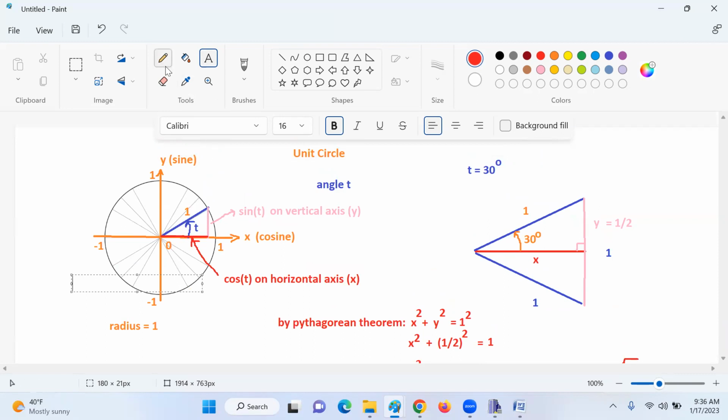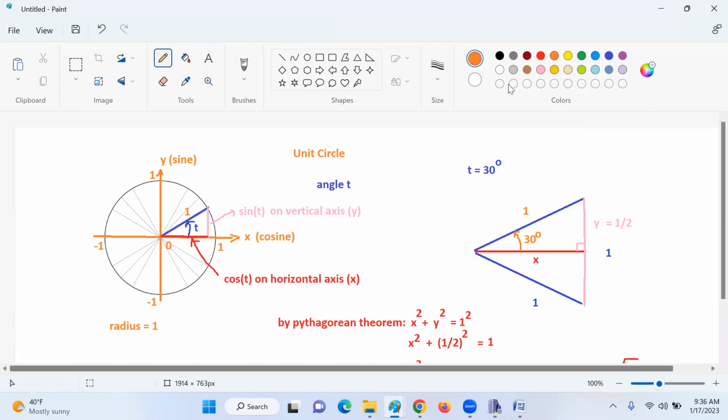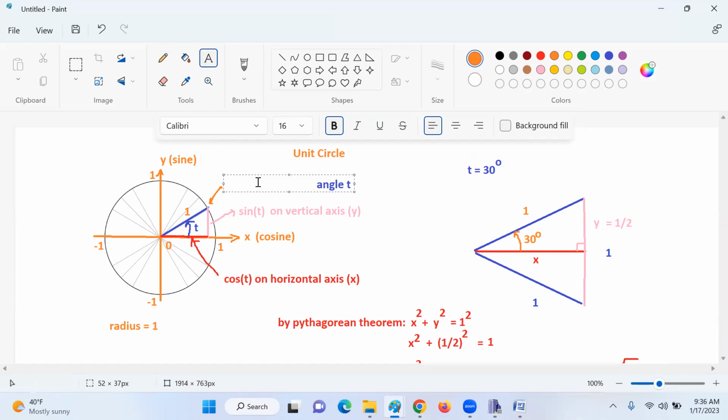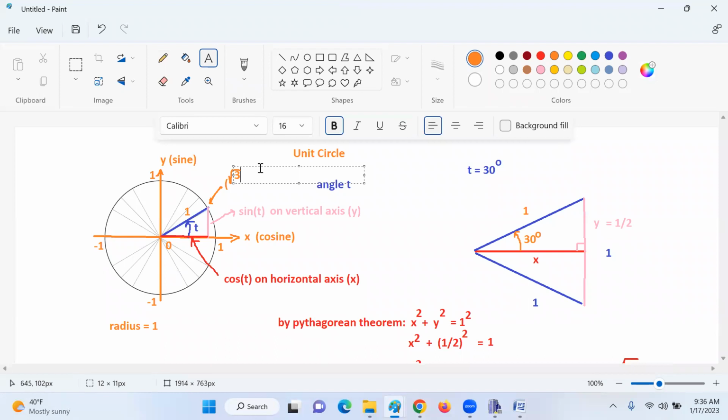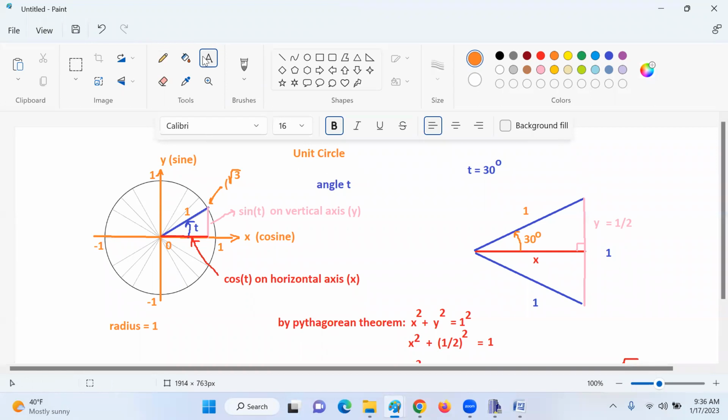So at this point, I'm going to write the x and y values. The x that corresponds to the cosine that we are evaluating will be radical 3 over 2.